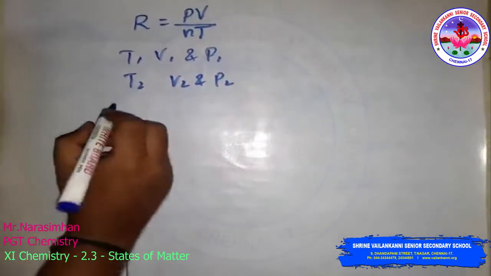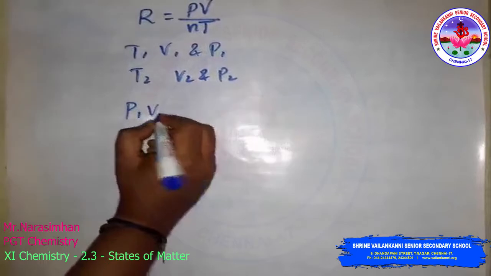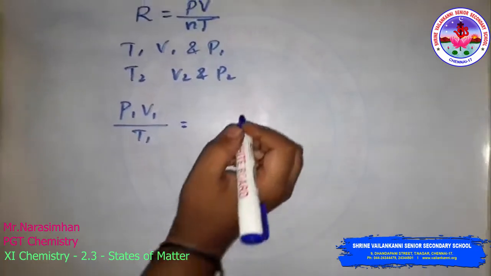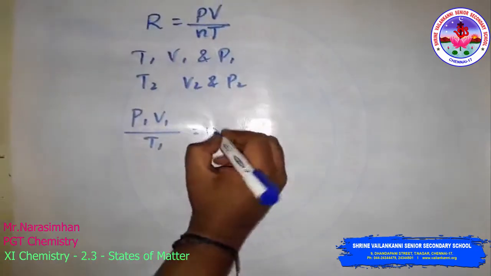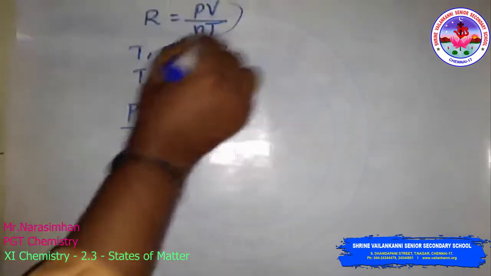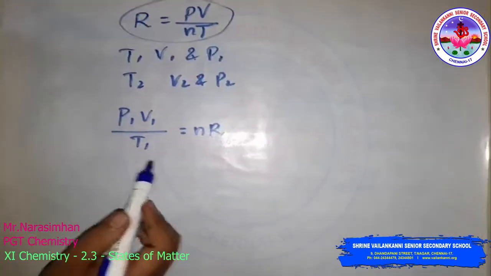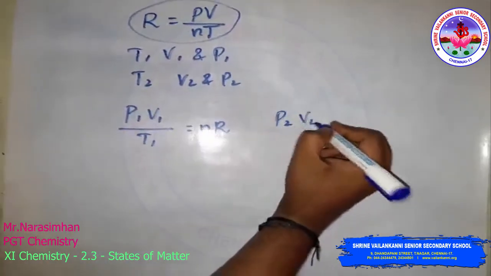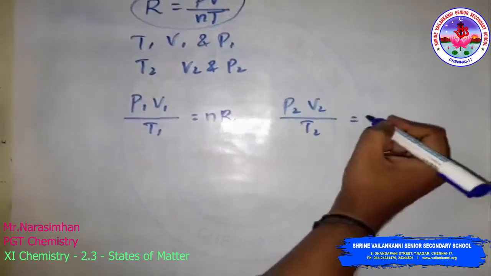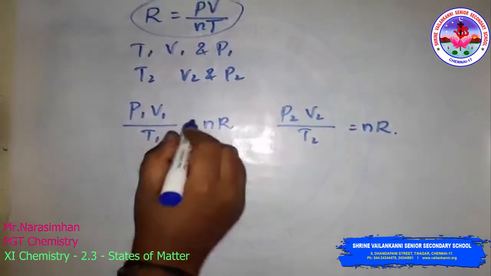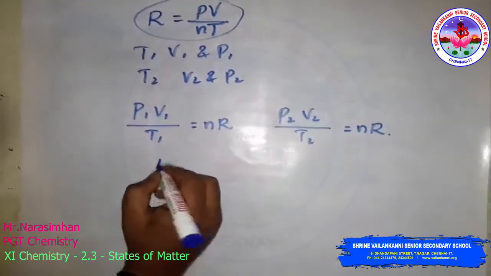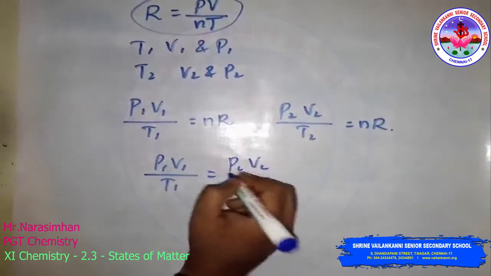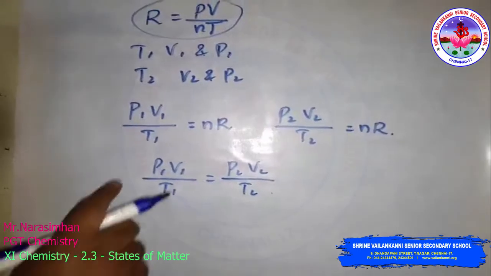So we can write like this: P1 V1 divided by T1 is equal to nR. Just the rearranging of this equation, nR. Then in a similar way, P2 V2 divided by T2 is equal to nR. So it will become P1 V1 divided by T1 is equal to P2 V2 divided by T2.